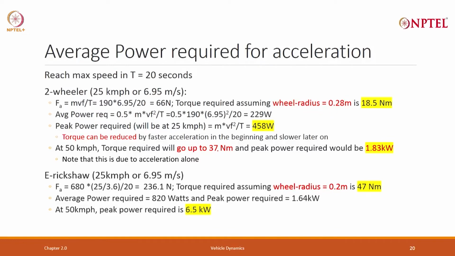Similarly, you compute for e-rickshaw. For the e-rickshaw the force is much more, because you have a weight of 680 instead of a weight of 190. So, the force required is 236 Newton and therefore, torque requirement is 47 Newton meter.